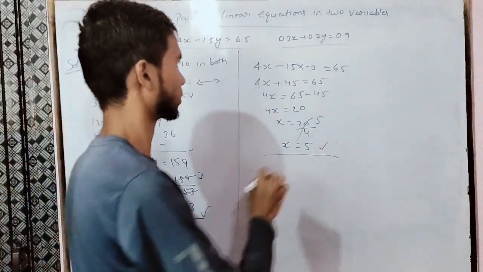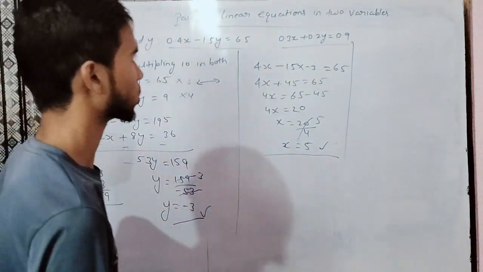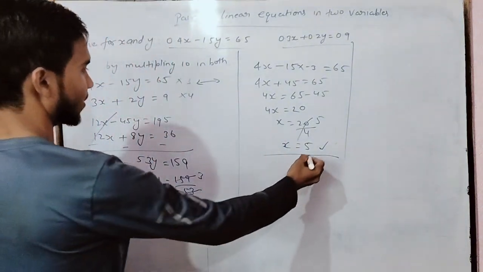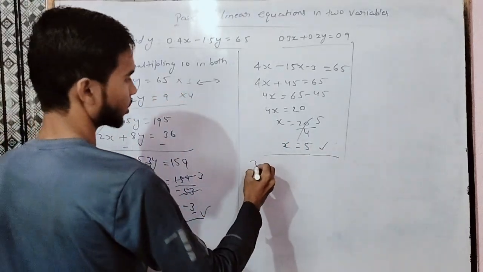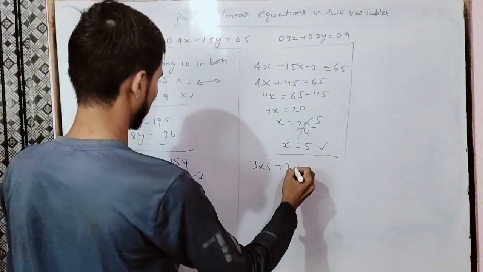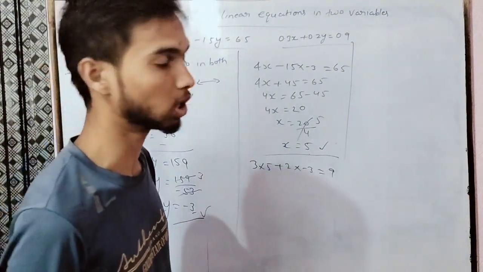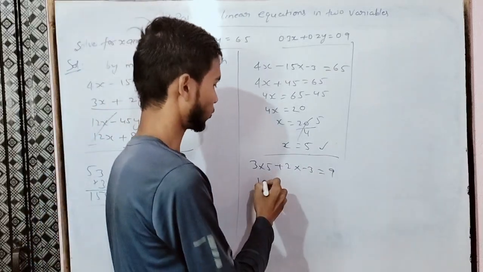We can even check whether the answer is correct or not. How to check? Just put the value of x and the value of y in any equation. Let's put it in this one: 3 multiplied by 5 plus 2 multiplied by minus 3 is equal to 9. If both sides are equal to each other, then we can say the answer is correct.